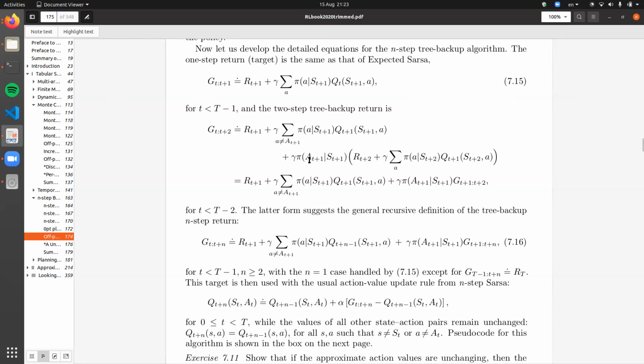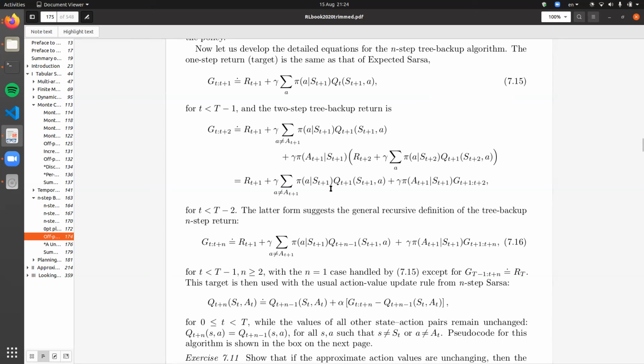And here it comes. It will be weighted by the probability of that action times, and again this is very similar to expected Sarsa, right?